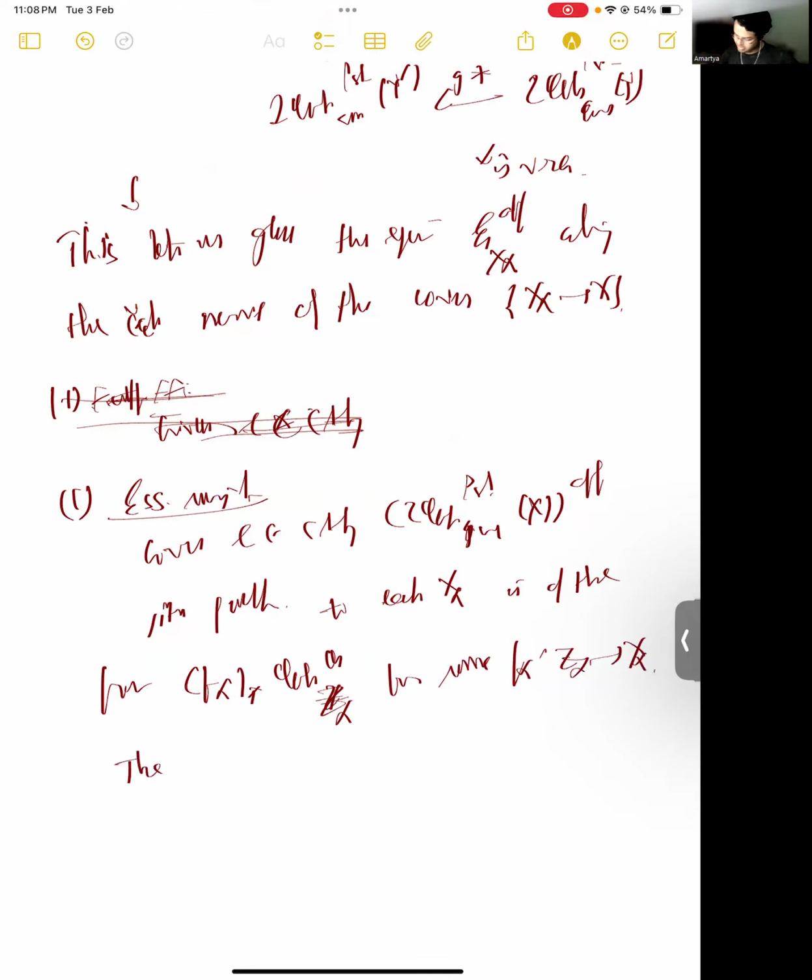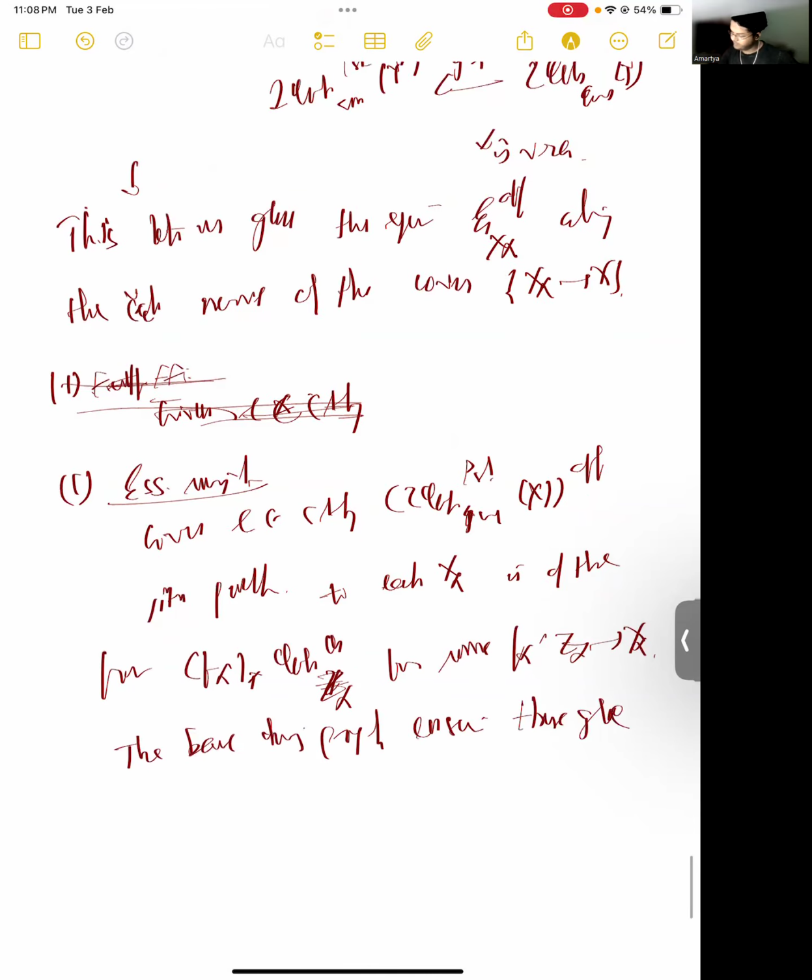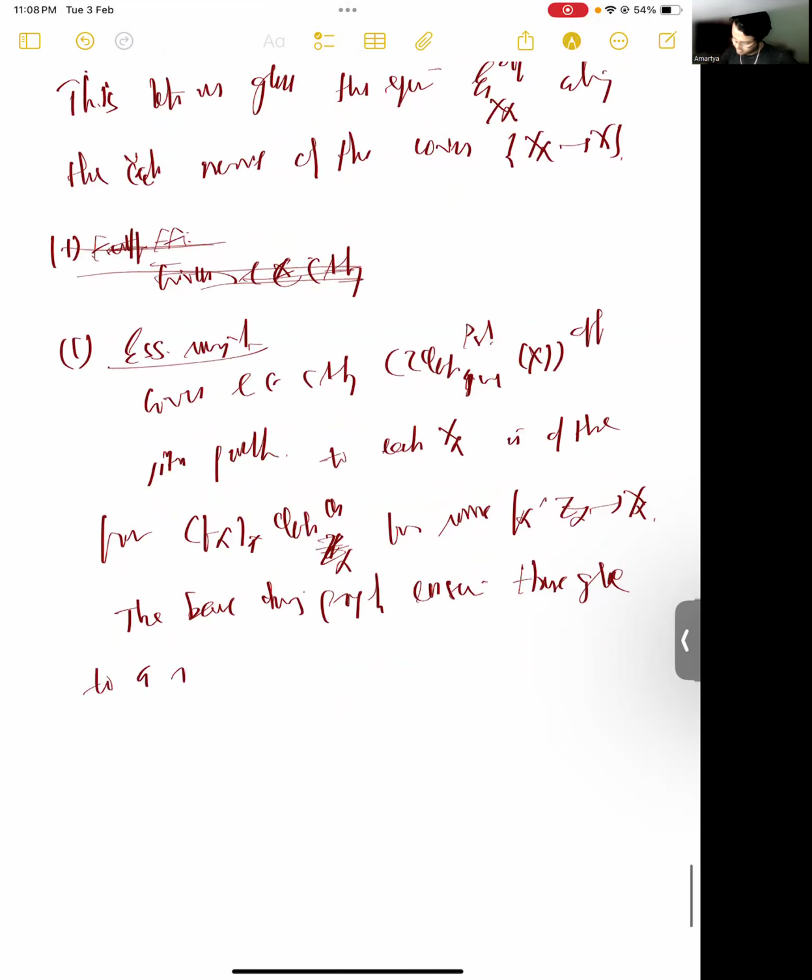Now the base change property ensures these glue to a map Z to X, with this being called C.